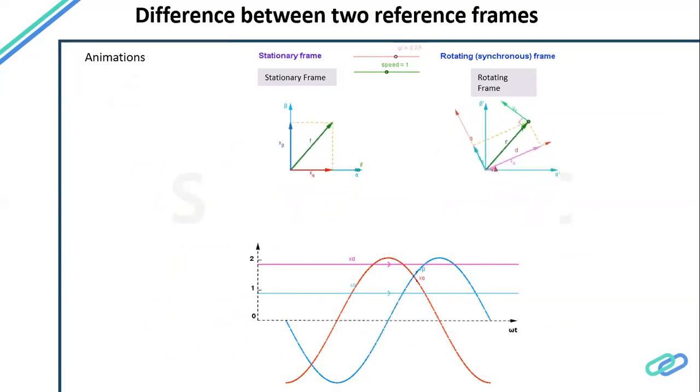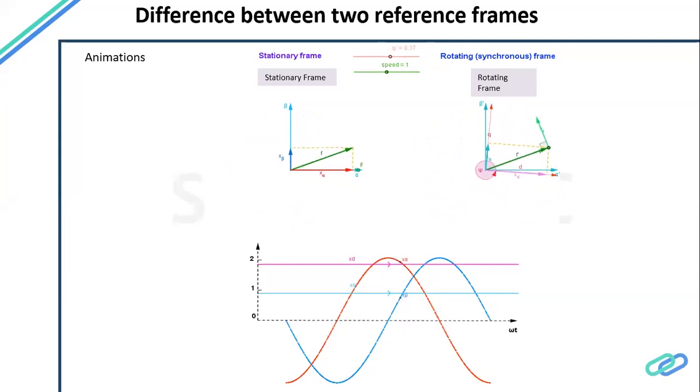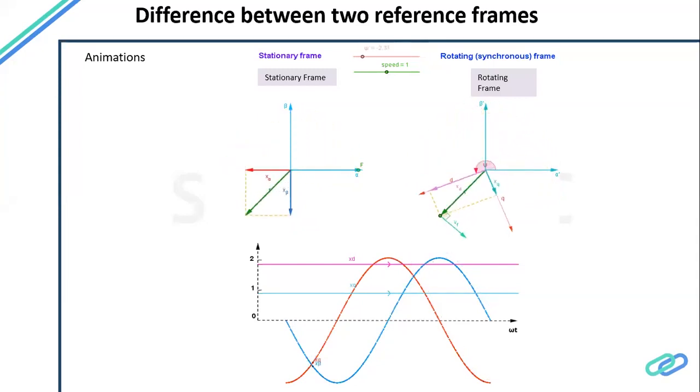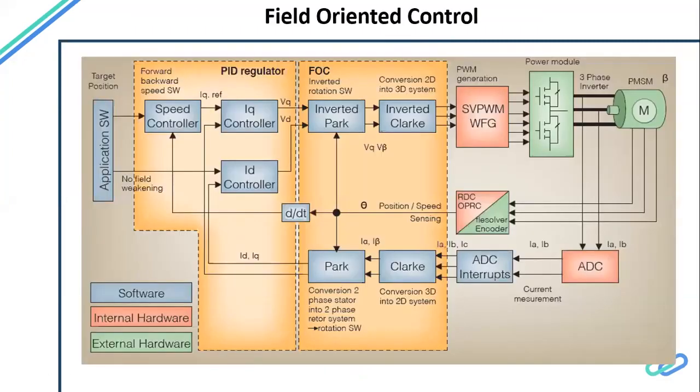But the moment we jump onto the rotor, something looks stationary, like ID and IQ, like a DC type of machine. So the rotating reference frame is something critical that we want from all this mathematical operation, so that we can control this like a DC machine. So this is what the FOC topology would look like: the software bit, the hardware bit, internal and external.